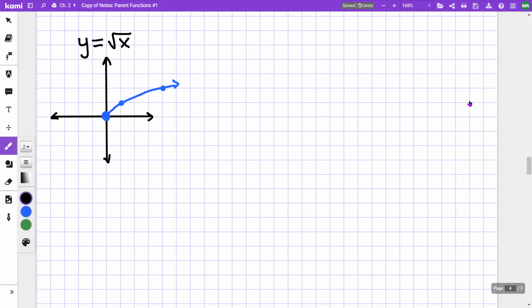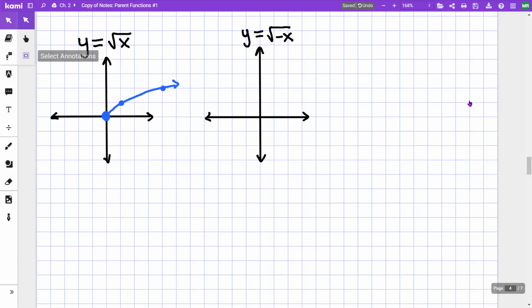Now, we're also going to have another graph where I make my x negative, so y equals the square root of negative x.